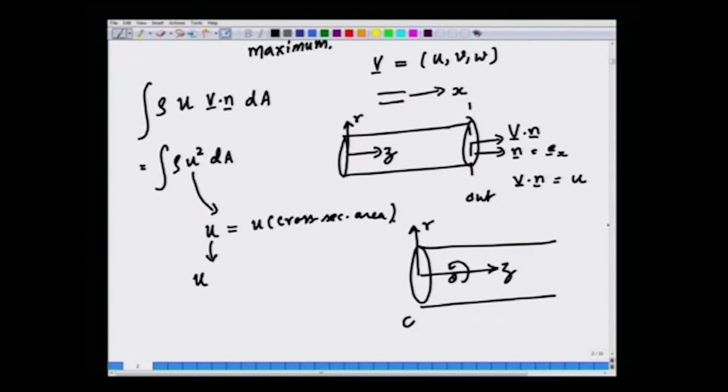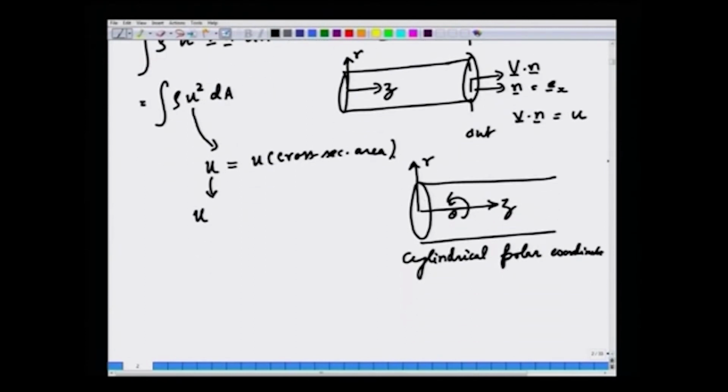This is called cylindrical polar coordinates. Theta goes around the axis of the tube. Let me illustrate this with respect to the Cartesian coordinates which we are familiar with. Suppose you have x, y and z, and let us put a cylindrical tube whose axis is along the z axis.